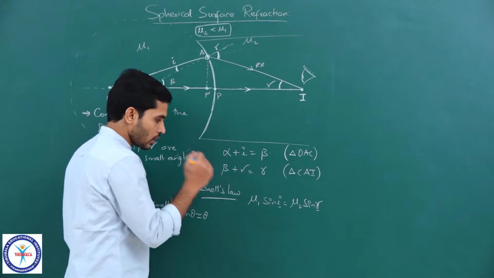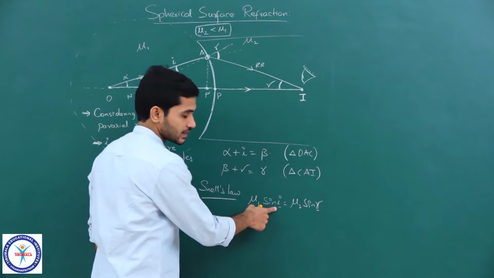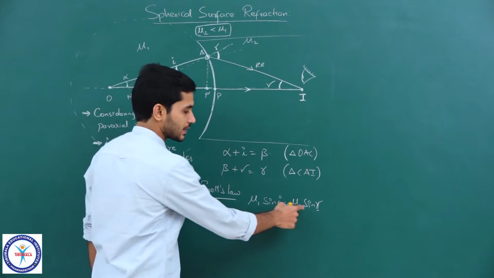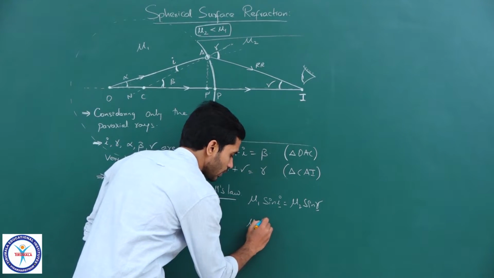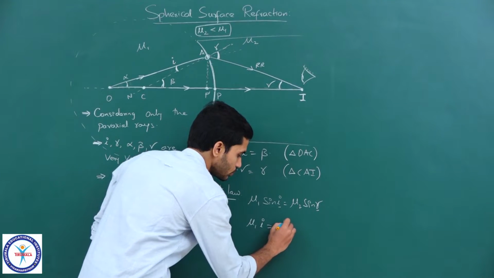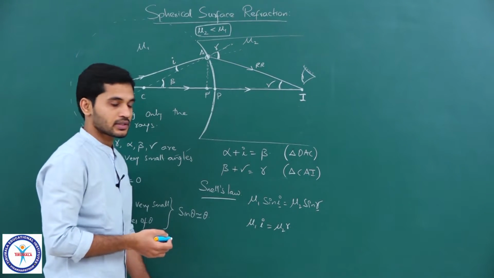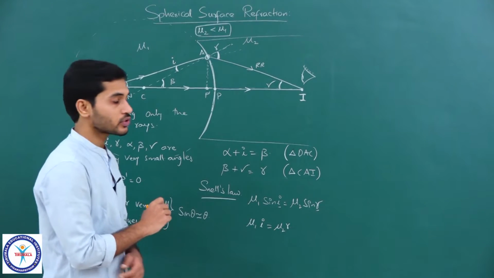So, here I can replace sin I with I and sin R with R. So, I would be getting mu 1 into I is equal to mu 2 into R, correct. So, that is the expression which we get.